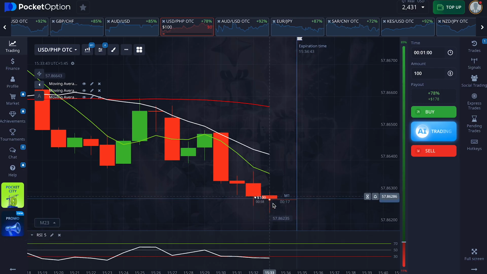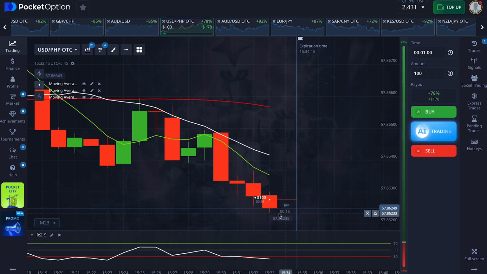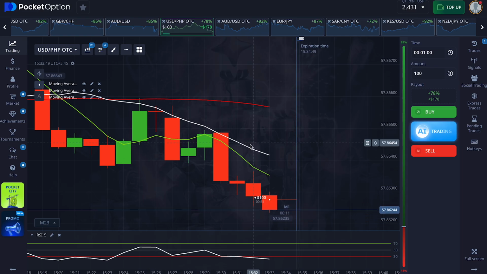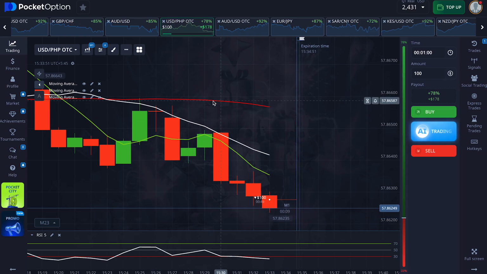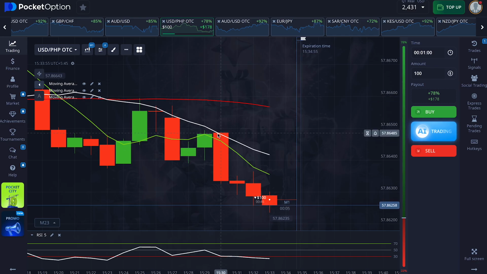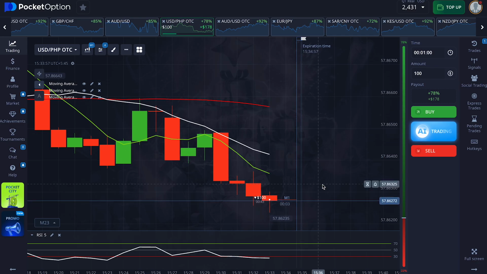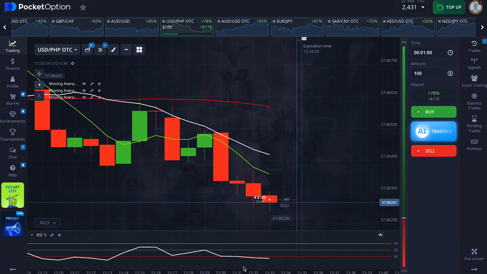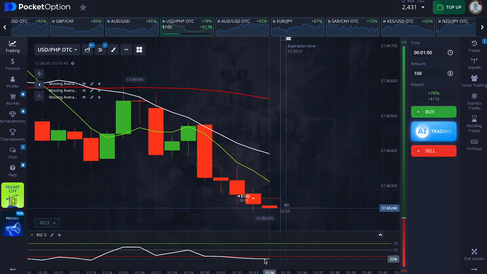Okay, I have sold here. As you can see, the reason I have sold is, all of these are indicating the downtrend. As I said previously, the red line is above both of these two green and white lines, which indicates the downtrend. And if you look at the RSI as well, it's below the red line.